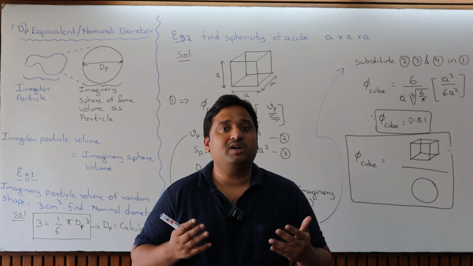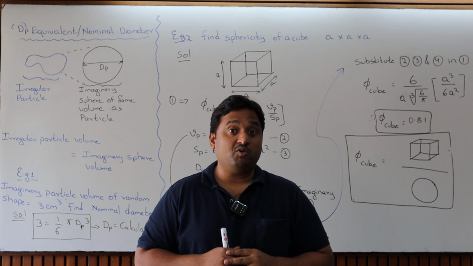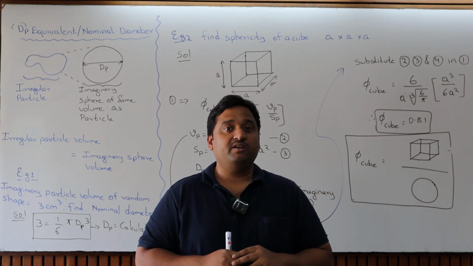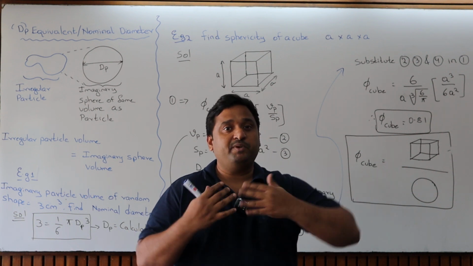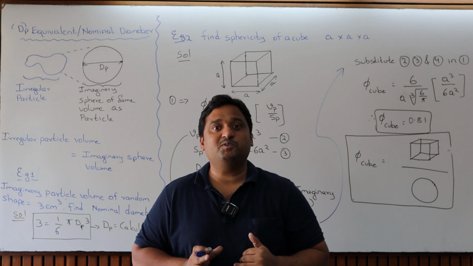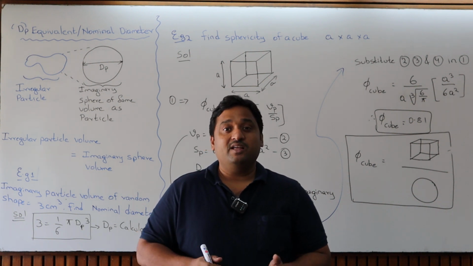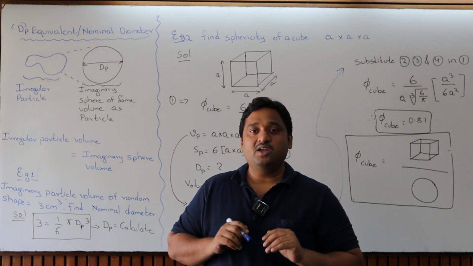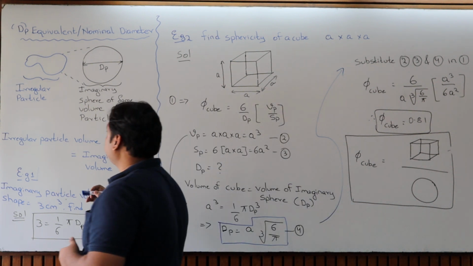What is this equivalent diameter concept? Because in the definition we have to compare with that of a random sphere. What is this random sphere? If you can define the random sphere, from it we get a diameter that is nothing but the equivalent or nominal diameter. Okay, let us go ahead.